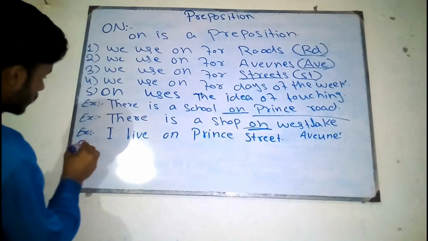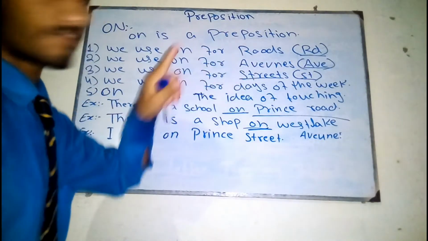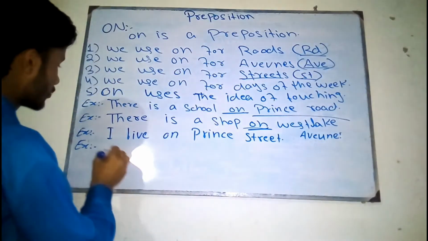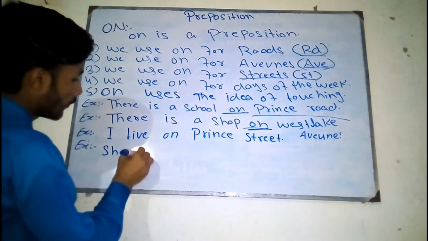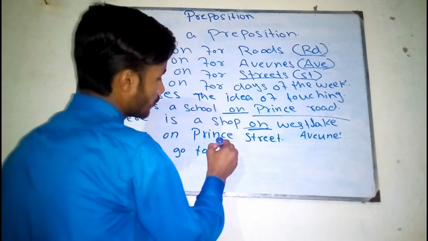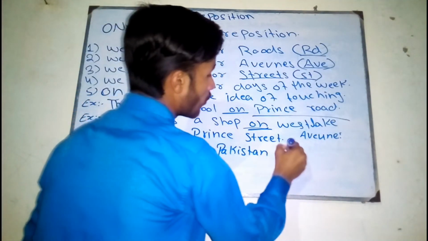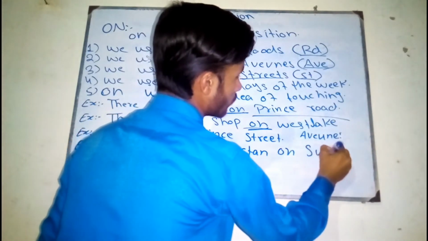So see the example for the fourth one. It says we use "on" for days of the week. So see, she will go to Pakistan on Sunday.